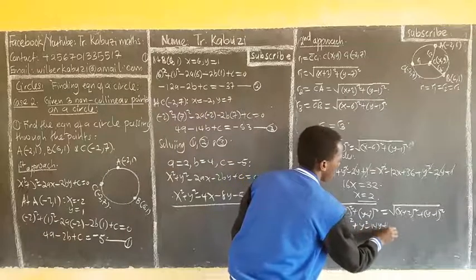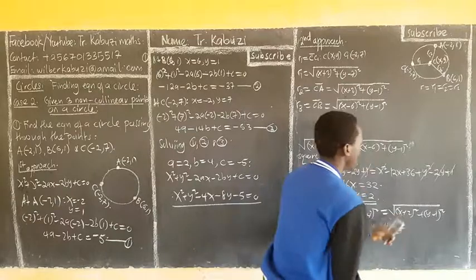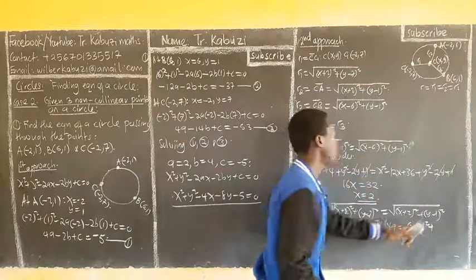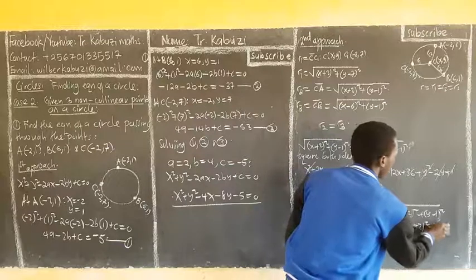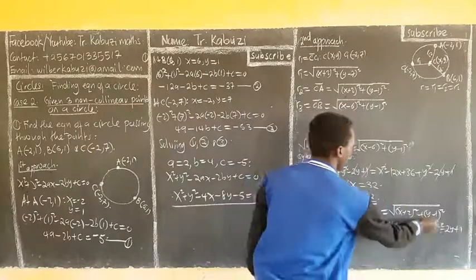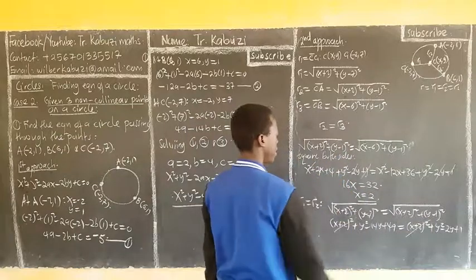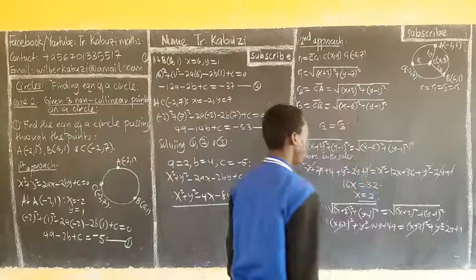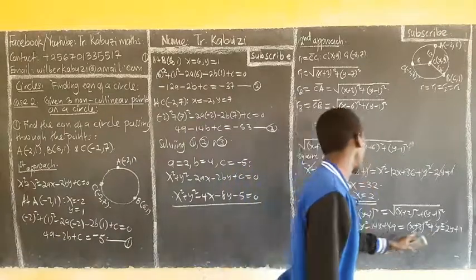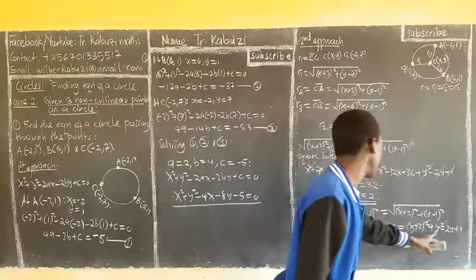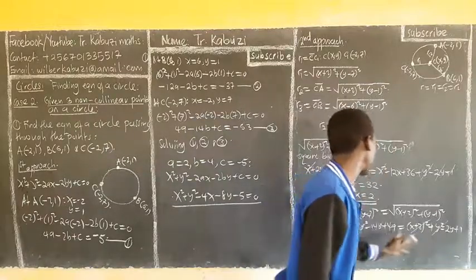So I'll be adding (x plus 2) squared, then plus, when I expand this, minus 14y, equaling to this one, then plus 49, let us expand this, plus 1. You see that this bracket cancels with this, and this y is also going away. When I bring this side, it's minus, so when I bring it, it becomes positive.